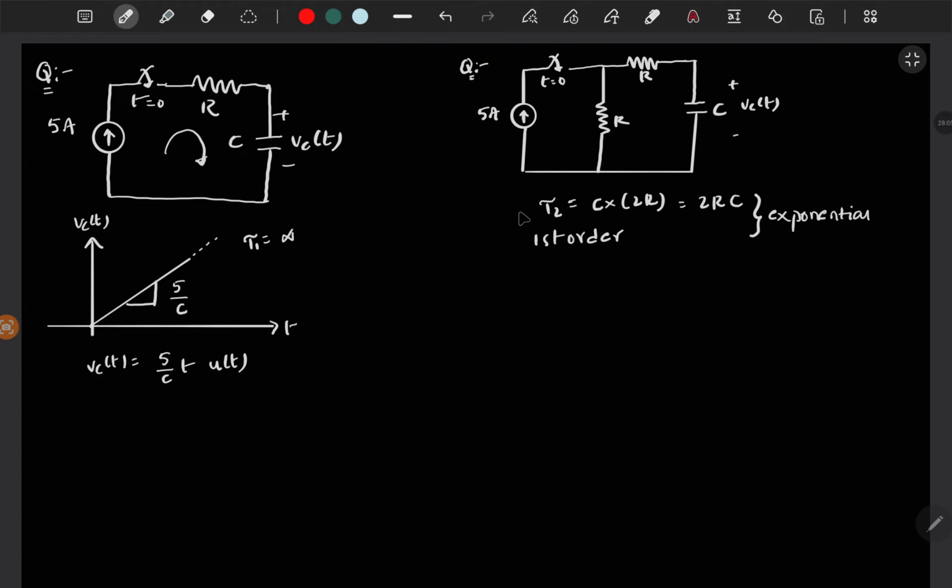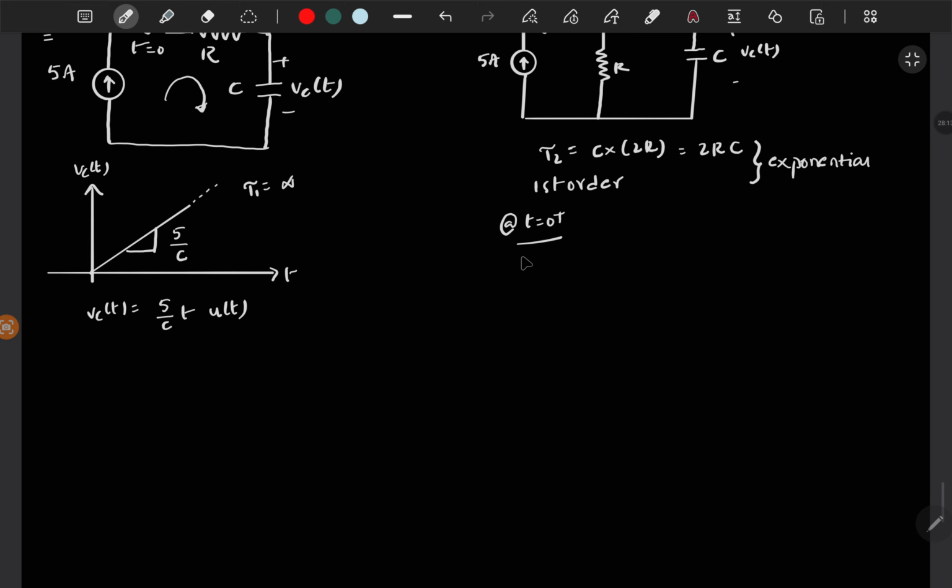But here not. So if you find initial value at t is equal to 0 plus, short circuit the capacitor, then you will get some finite current through the capacitor, right?